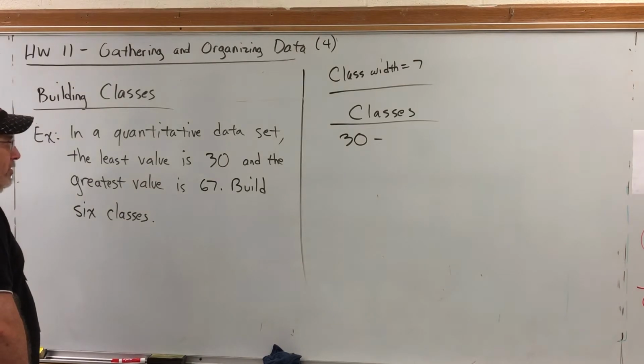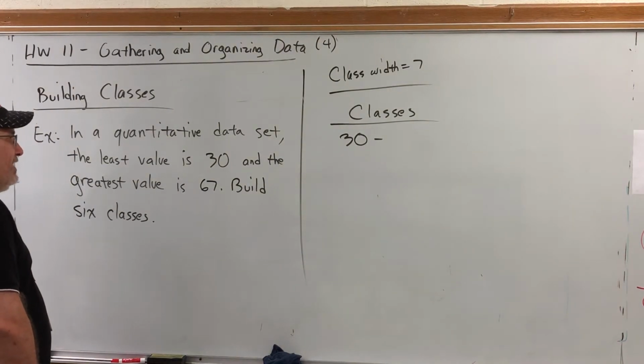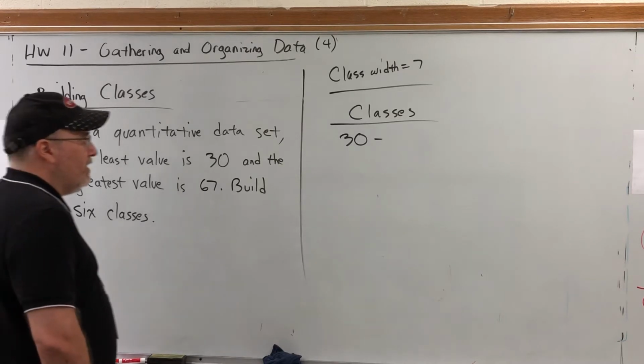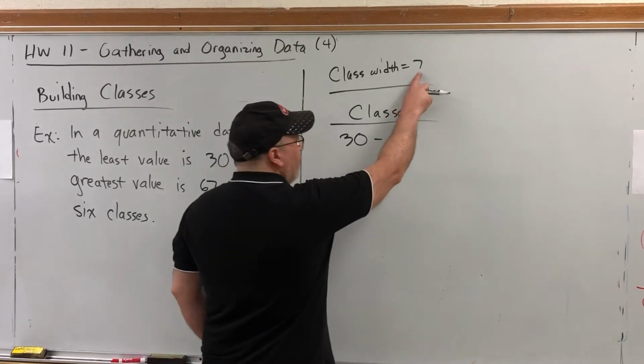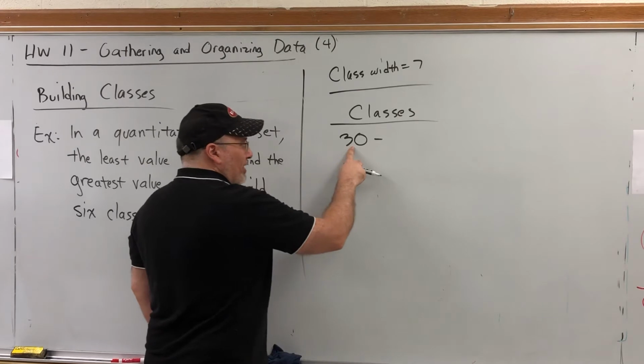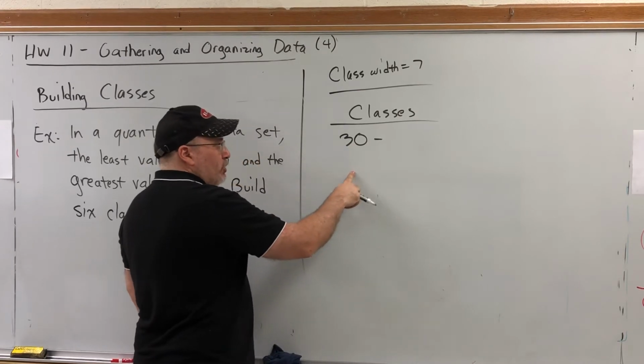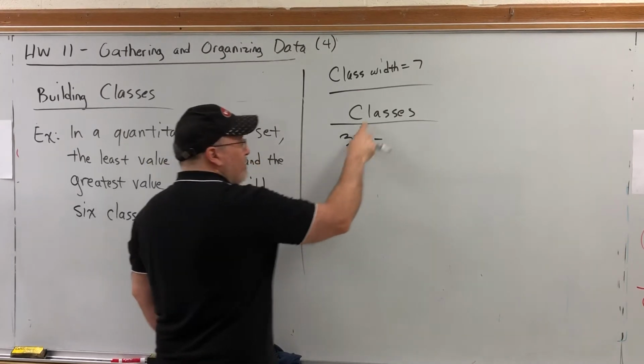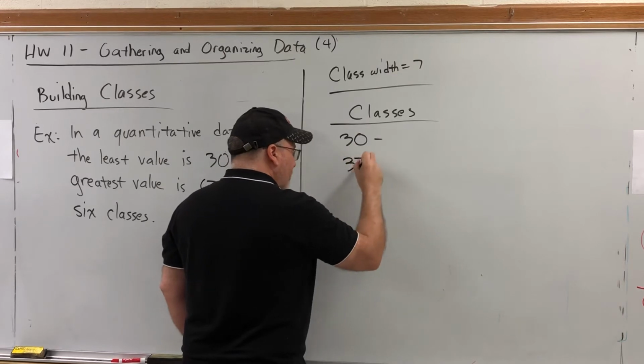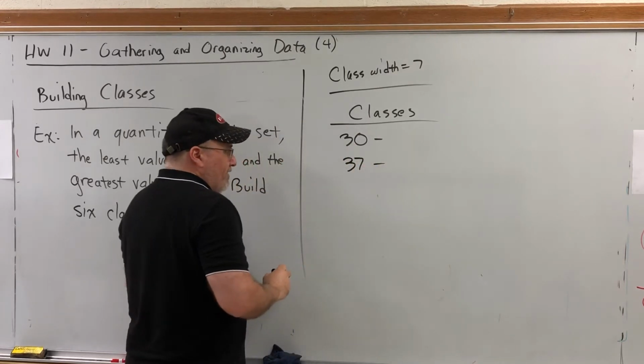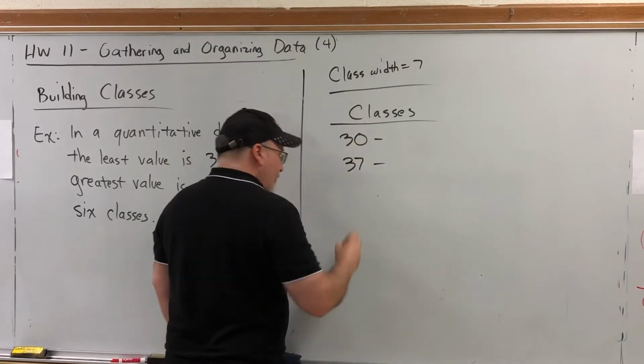Now, you don't close off any class at the beginning, or at least I don't. You open all of them first. Remember, the role of the class width is to tell you what to add to one lower limit to get the next lower limit. So we're going to start the next class at 30 plus 7, which is 37. And the next one at 37 plus 7, which is 44.